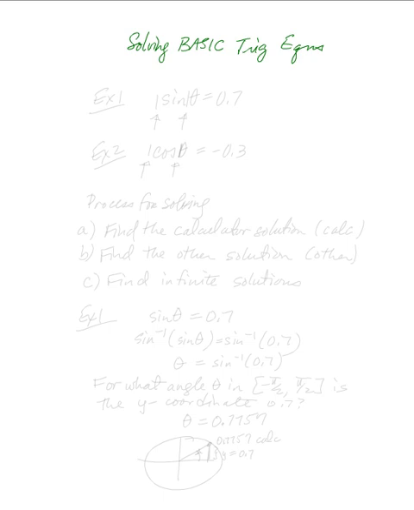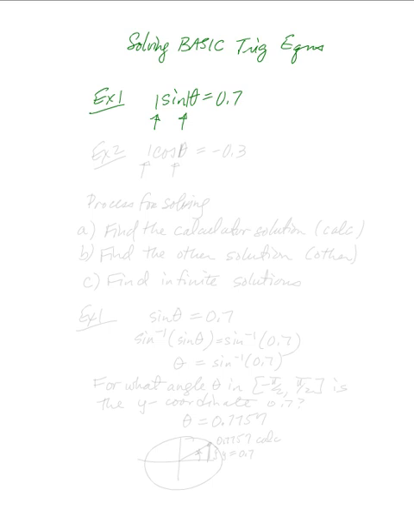All right, so first of all, how do we recognize what is a basic trig equation? If we have sine of theta equal to 0.7, it's understood that the coefficient in front of the trig function is 1, and the coefficient in front of the angle is 1, and then you just have the trig function equal to a number.